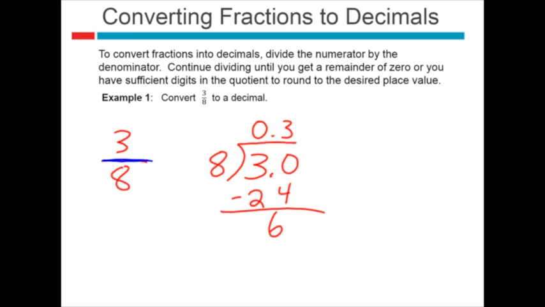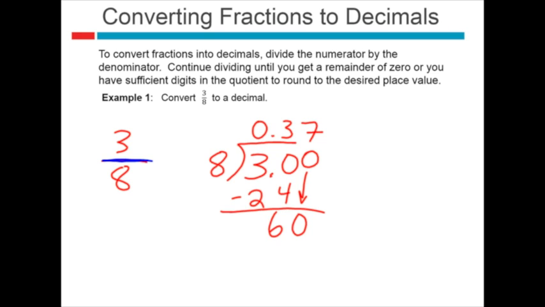If you look up in the instructions above, it says continue dividing until you get a remainder of 0, or you have sufficient digits in the quotient to round to your desired place value. I didn't give you a desired place value to round to, so let's just keep dividing until we get a remainder of 0. So we'll keep adding zeros and bringing them down. Now 8 goes into 60 how many times? 7 times.